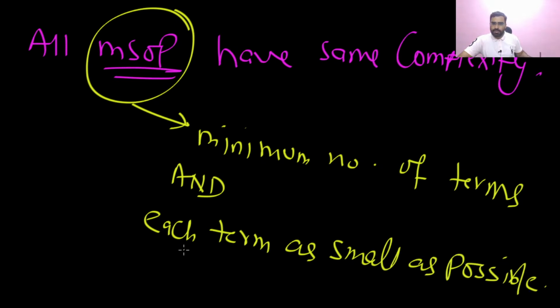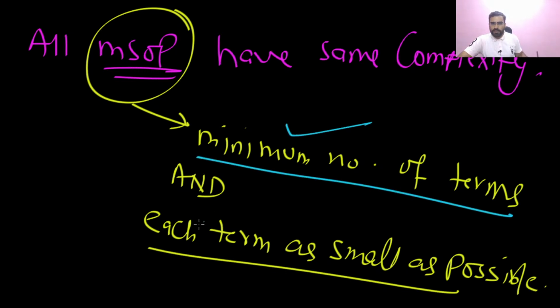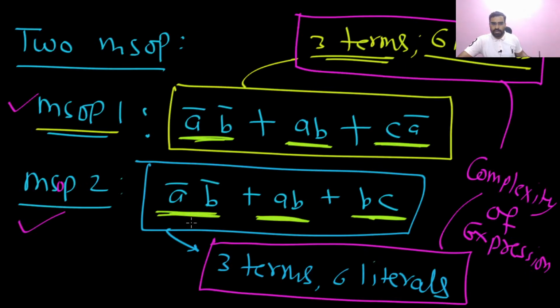You should have the minimum number of terms, and every term must be as small as possible. So all minimum SOPs have the same complexity. You can notice you have 2 minimum SOPs, and they have the same complexity.